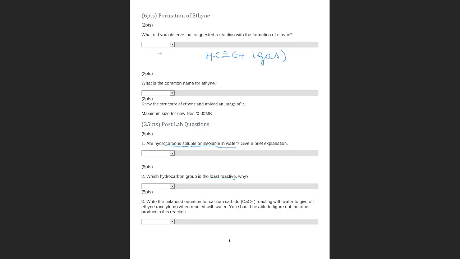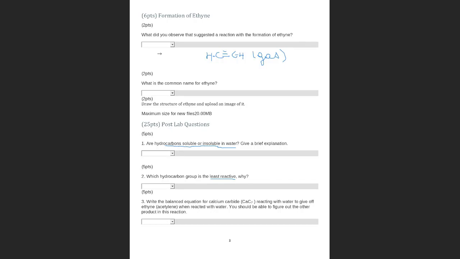And you saw that we mentioned that alkanes are harder to break. Single bonds are harder to break. So they are actually the least reactive because they don't have double or triple bonds.